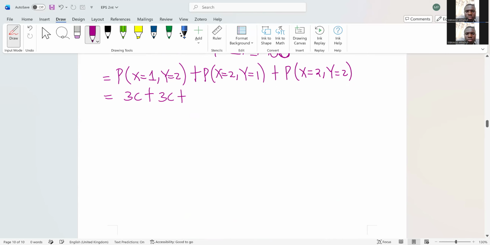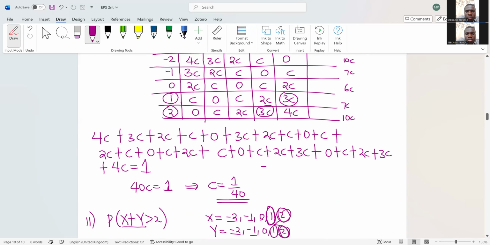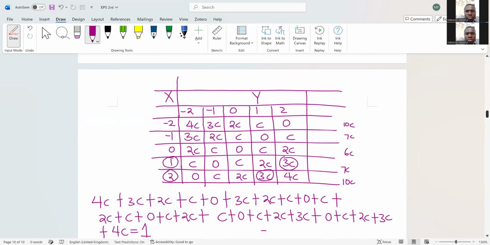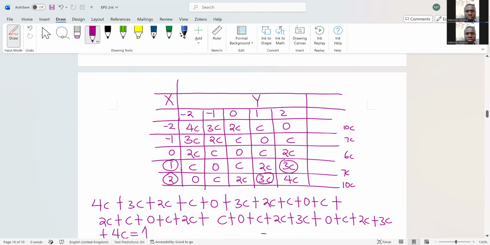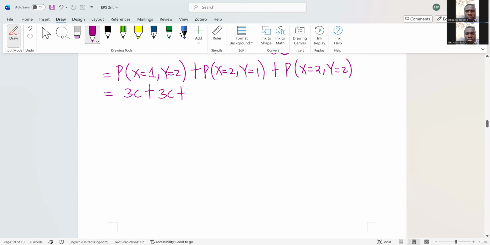Then plus X is 2, Y is 2. The row for X is 2, Y is 2, that is a 4c. So plus 4c, and this is equal to 10c.